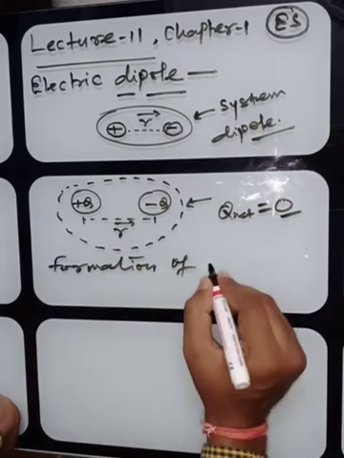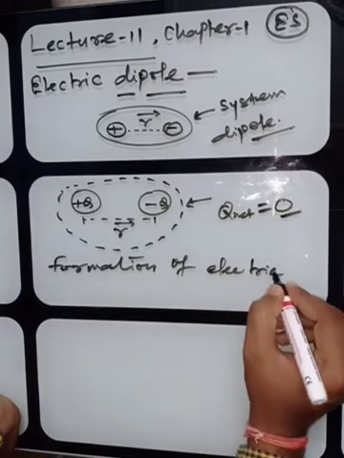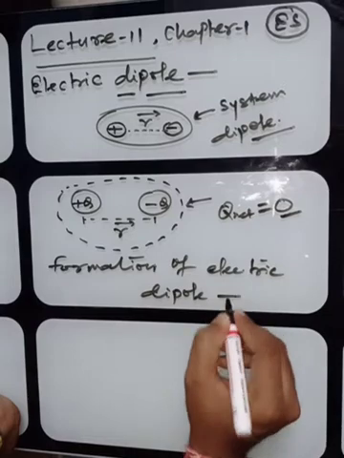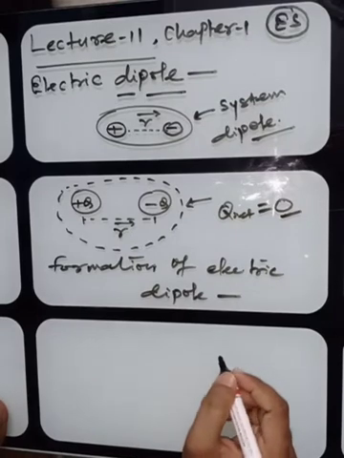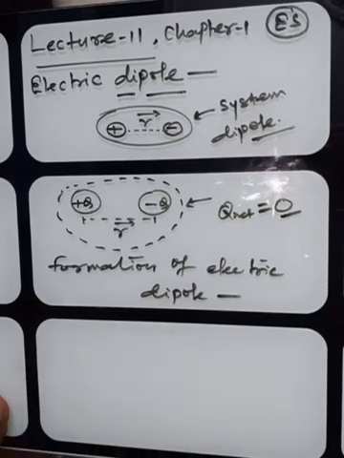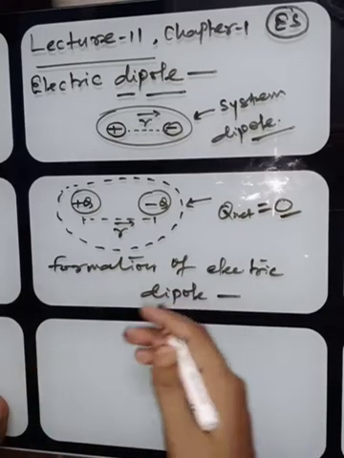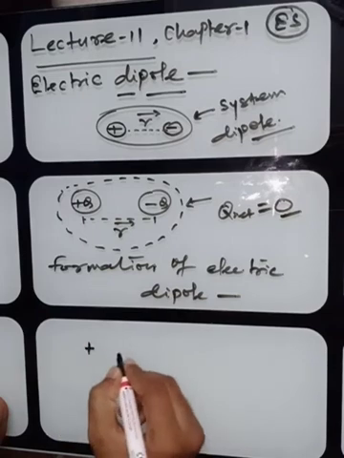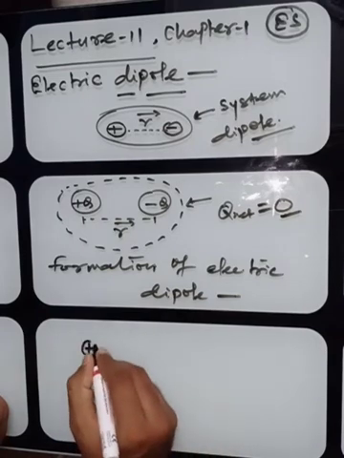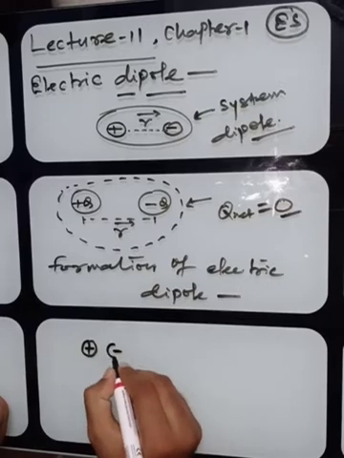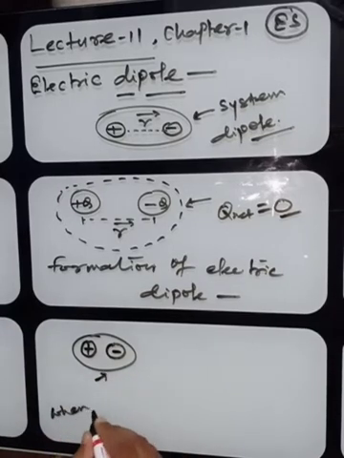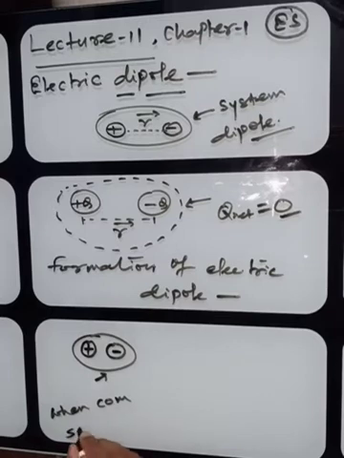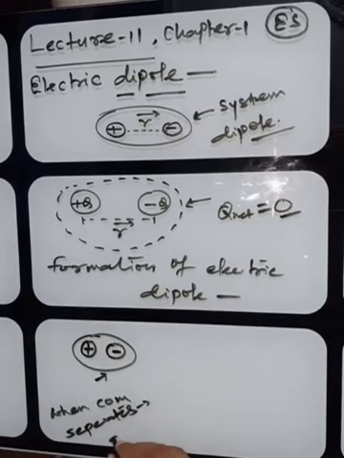Formation of electric dipole: when the centers of mass of two atoms having opposite nature of charge, plus and minus, are separated, they form a dipole.